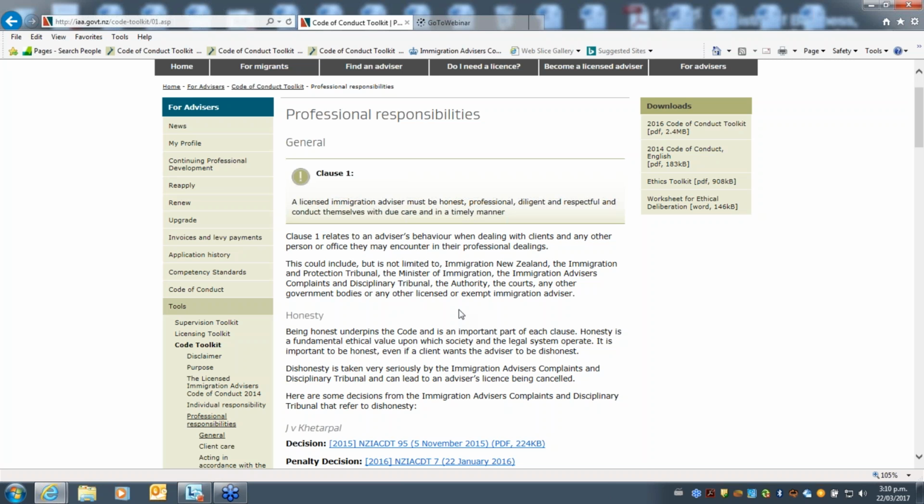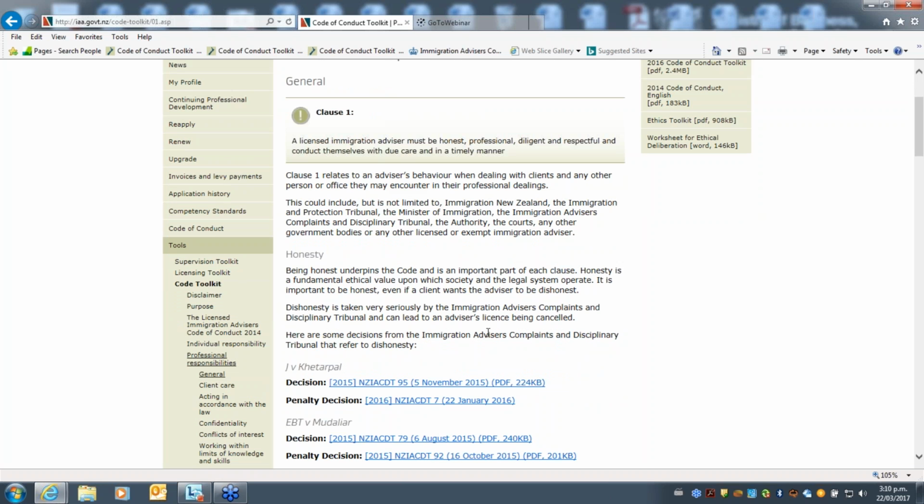It's how you must conduct yourself as a licensed advisor. And honesty is up there as number 1, and I think it's probably fair to say that is the number 1 requirement under the code. So it's fundamental that you're honest with the people that you are dealing with, and it is taken very seriously by the Complaints Tribunal.